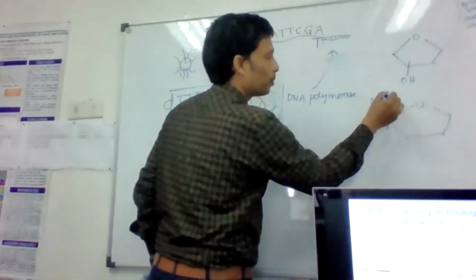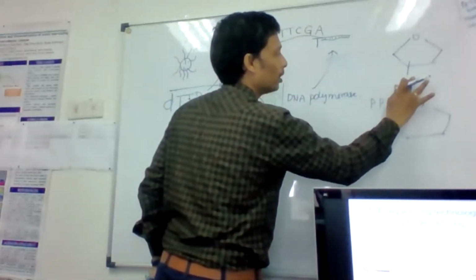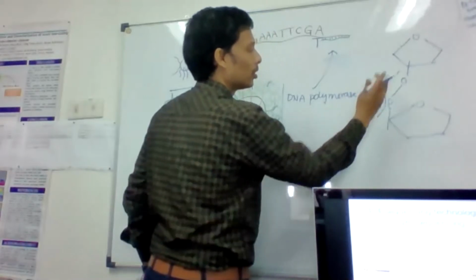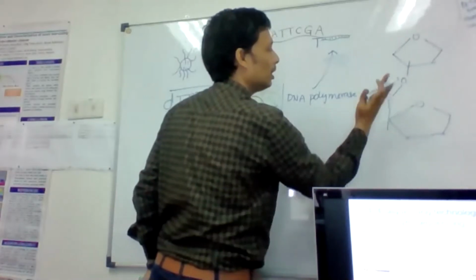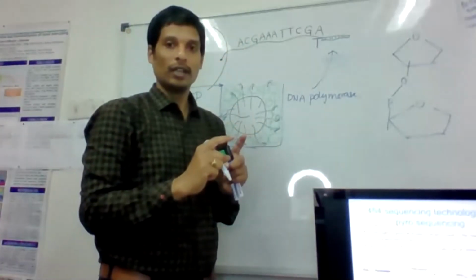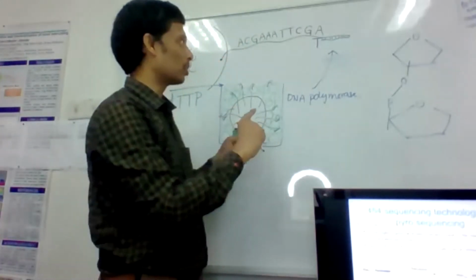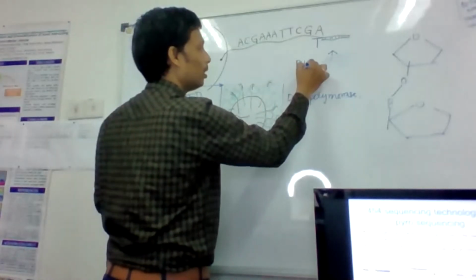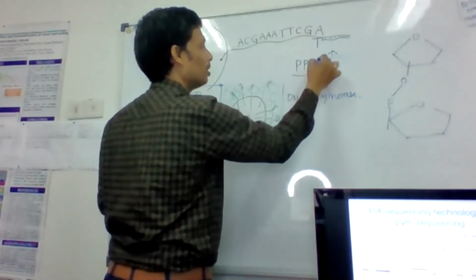This phosphate is going to have a bond here, and this pyrophosphate will be released. This is the very important information in this pyrosequencing methodology. Once you add a T, PPi, pyrophosphate, is released.